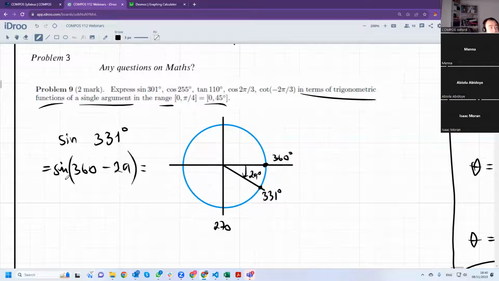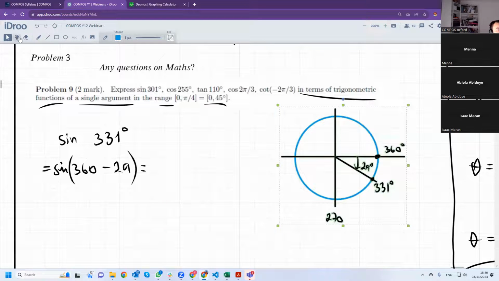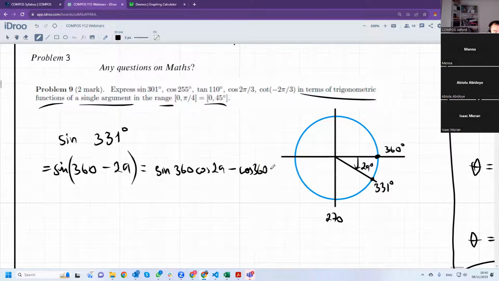And you can use the formula. It's going to be sine 360 cos 29 minus cos 360 sine 29. Sine 360 is 0, so that's 0. So that's going to be equal to minus, this is going to be cos 360, that's 1.